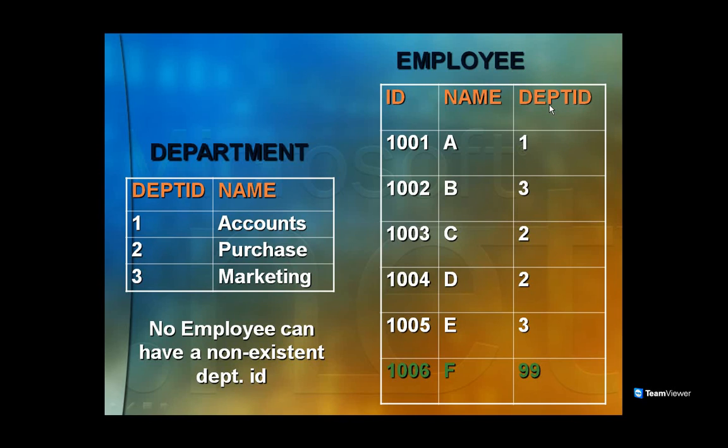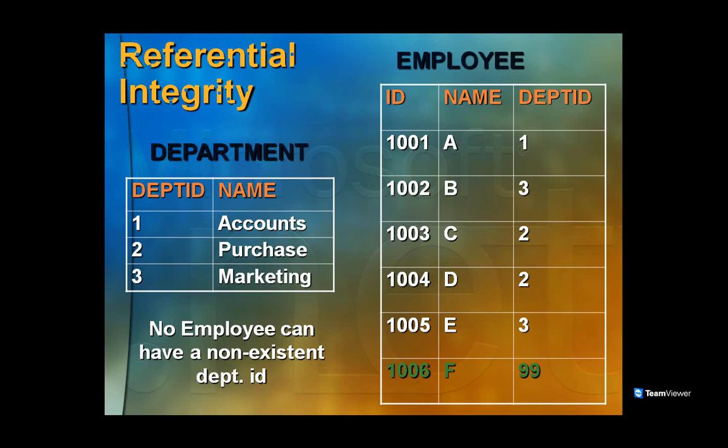Creating a primary key and foreign key relationship is known as referential integrity. When you enter 99 here, the 99 will be taken and compared against the parent table.